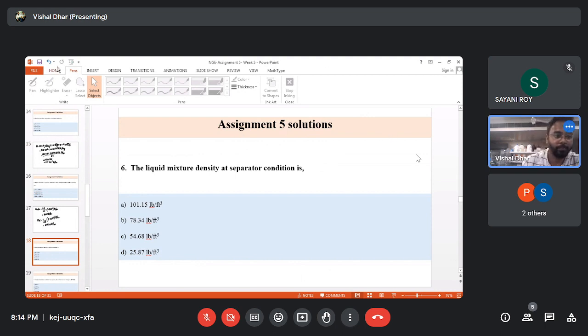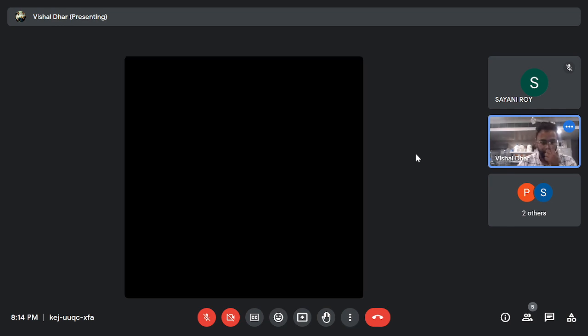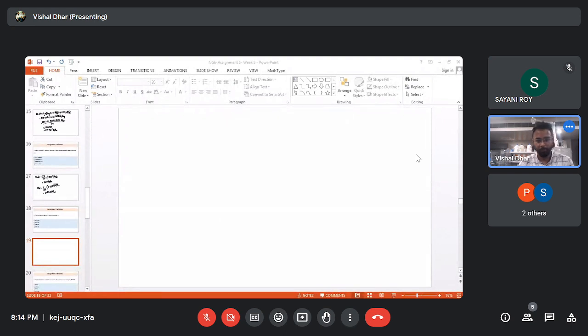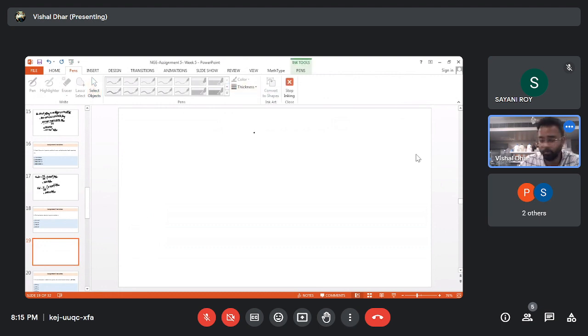Okay, so now I'll be solving. So the mass flow rate for water is 1450 lb per hour.